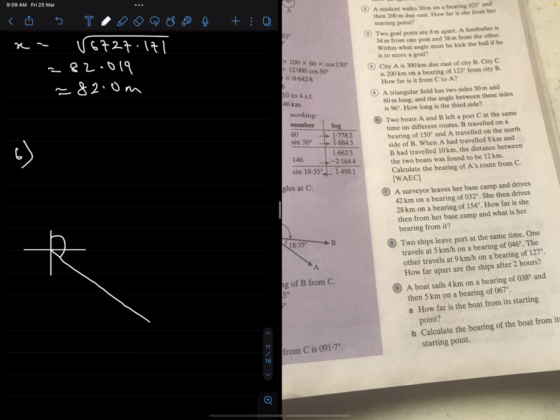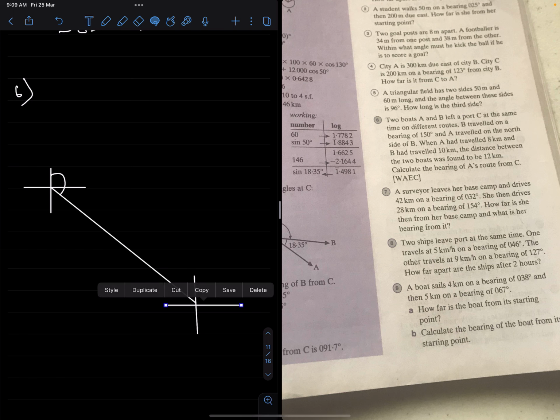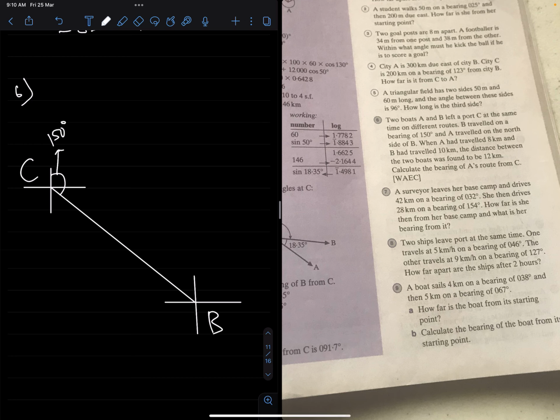Let that be 150 degrees, and let this be B. This is port C that they both left, and this is B. On a bearing of 150 degrees, that's the angle.